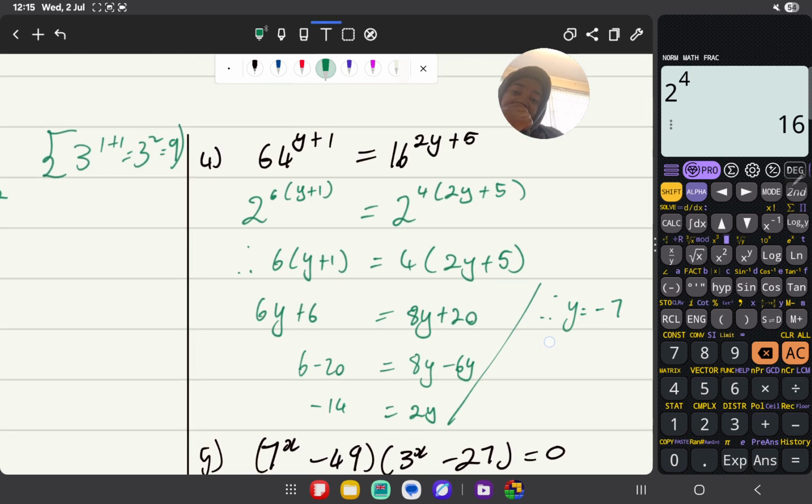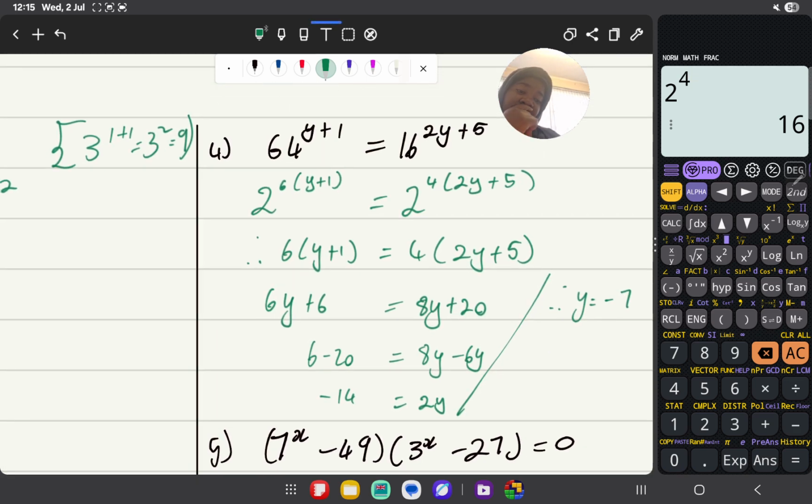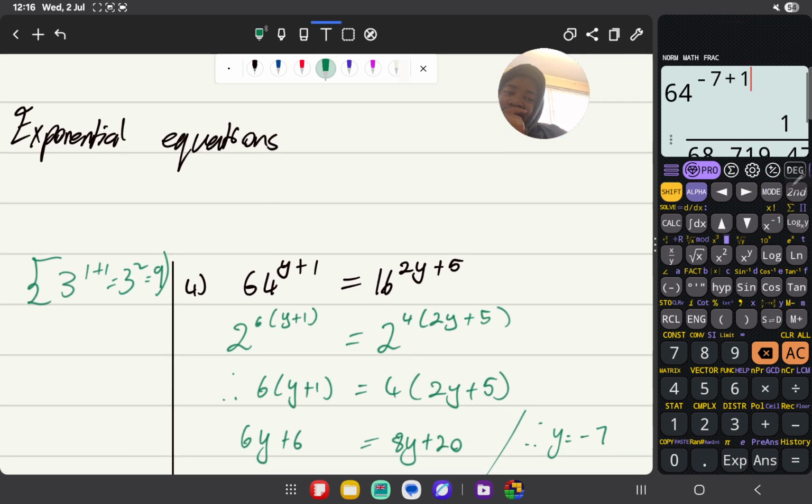Right. We test it out to say 64 to the power of minus 7 plus 1. Okay. I'm getting numbers that are crazy, so I know I have 64 to the power of minus 6.